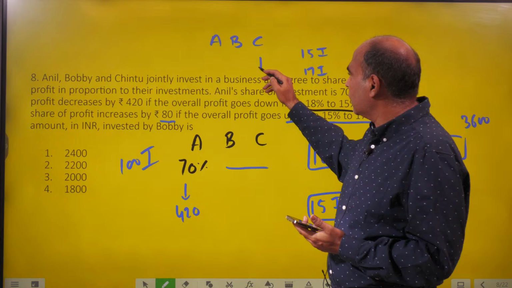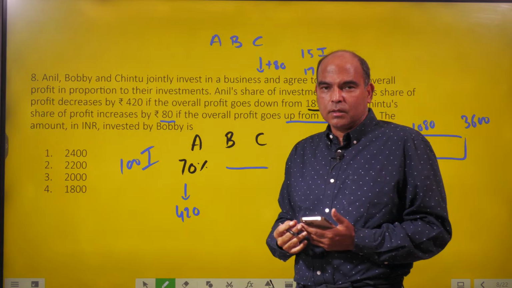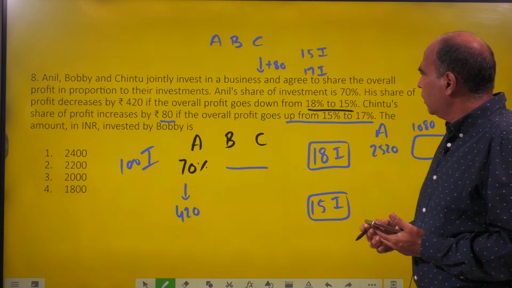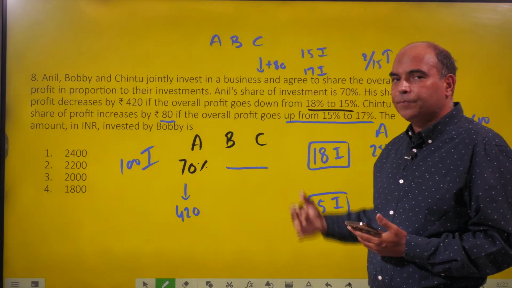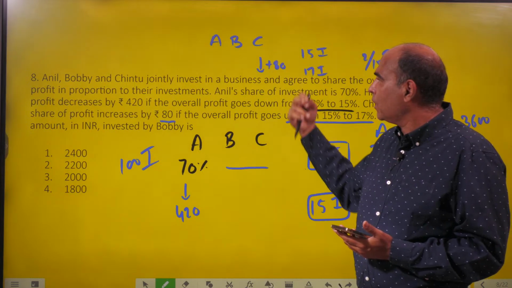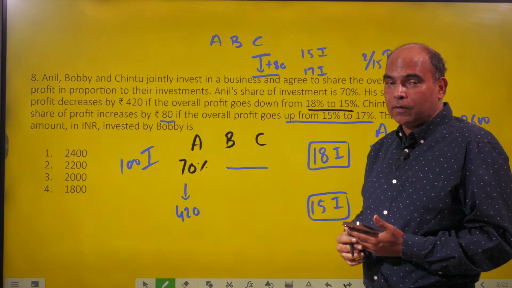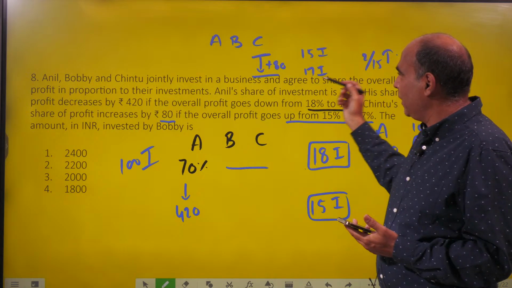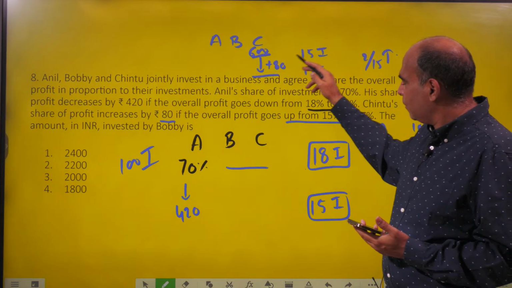In Chintu's case, that is representing the growth of 80, which means the 2 by 15 increase, when profit goes from 15% to 17%, is reflected in Chintu's profit going up by rupees 80. So if 2 by 15 is 80, 1 by 15 will be 40, which means Chintu's profit here must be 600.